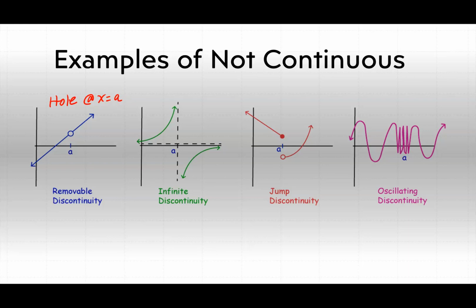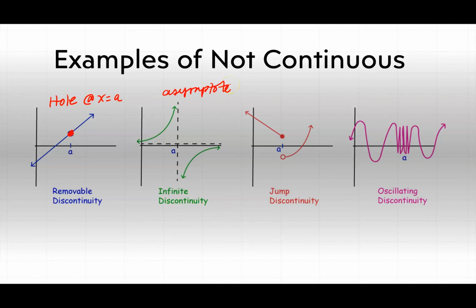And this right here is a removable discontinuity because all we gotta do is just say, hey, it's an easy fix. If I just fill in the hole, then it's continuous, right?